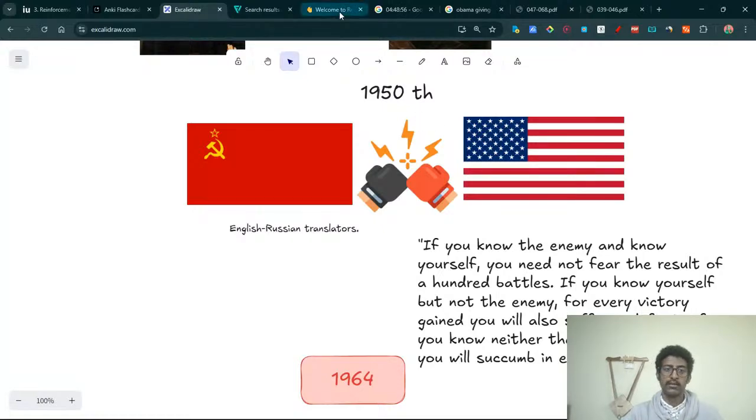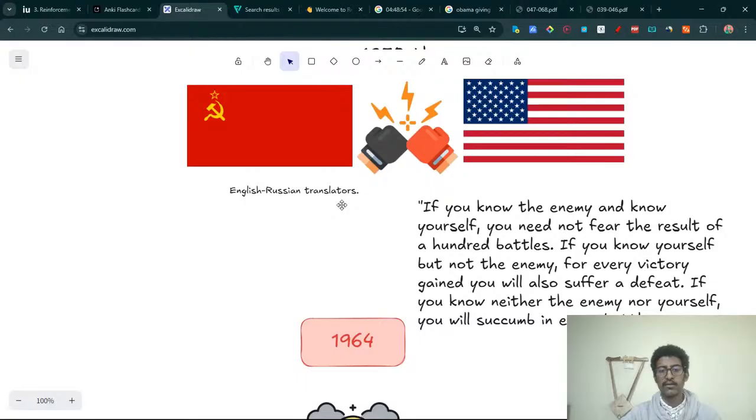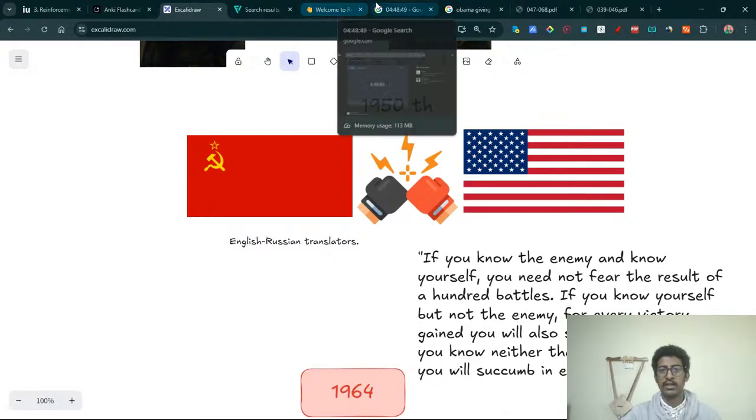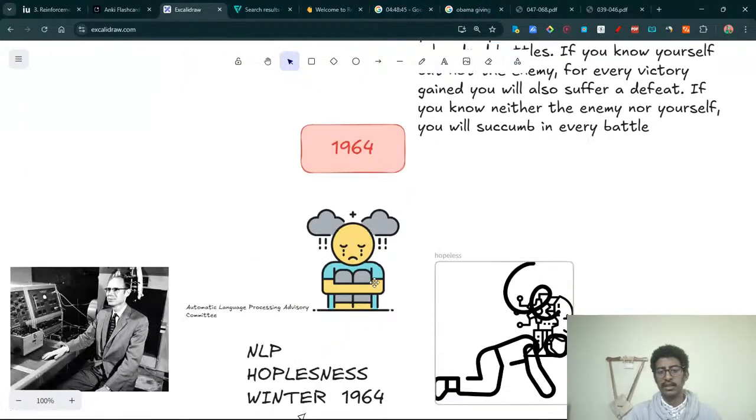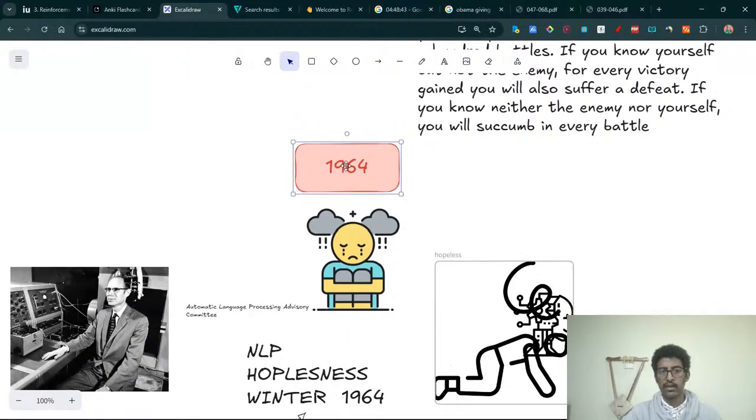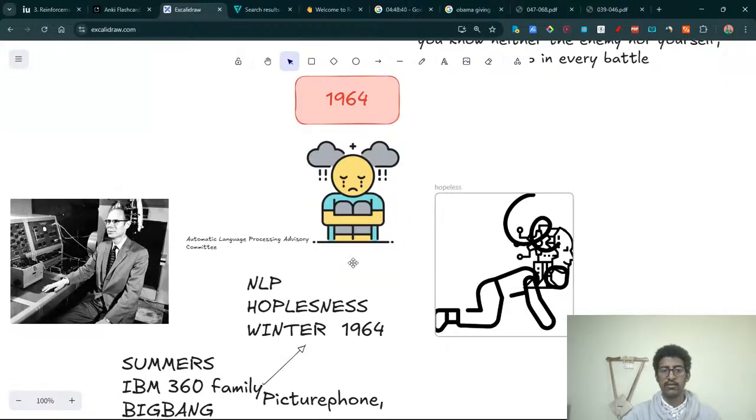At first it was promising, so they spent like 16 or 20 years on it, and then they abandoned it. In 1964, enough is enough. They abandoned it, which means NLP hopelessness started, and whenever there is hopelessness, it's winter time, because in AI winters funds decrease and expectations become lower.